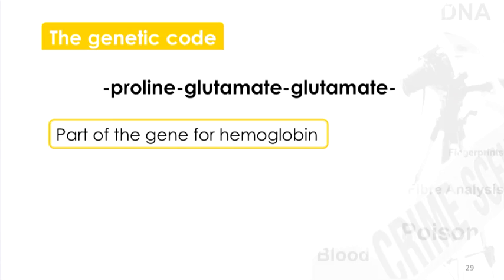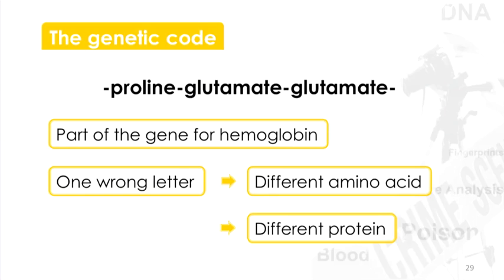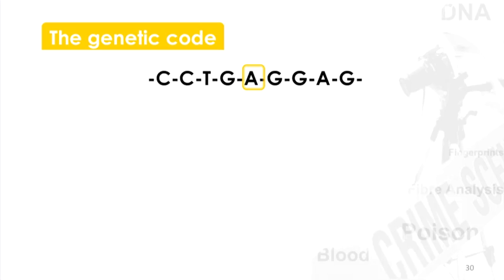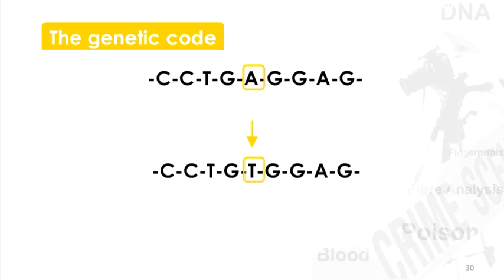So it's essential that the code is faithfully translated to make the protein. And if the protein is made wrong, there's going to be something wrong with your blood. In fact, suppose you even just have one letter wrong. Suppose that middle A is actually a T because of some error in transcription.